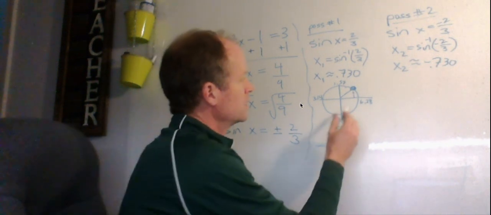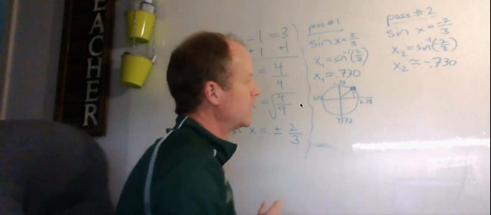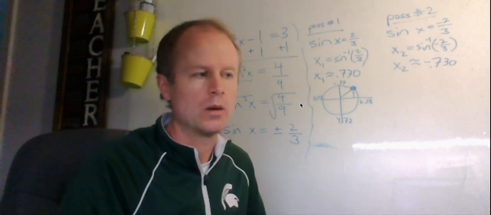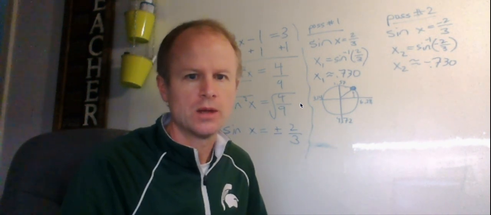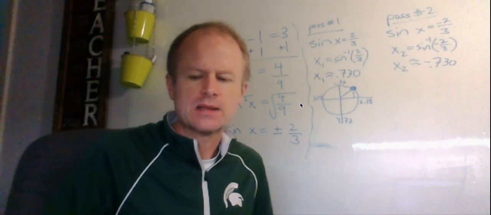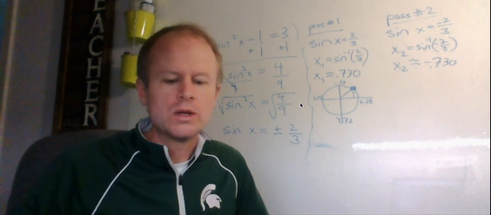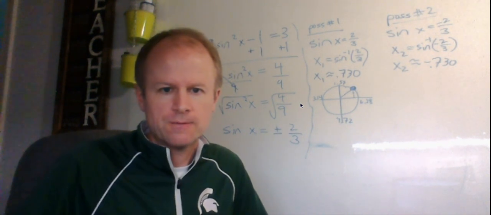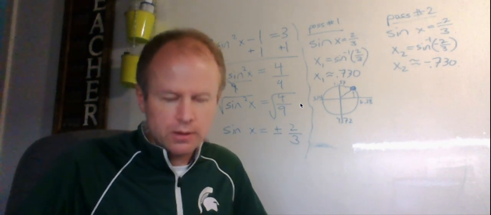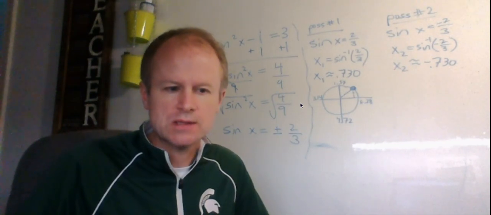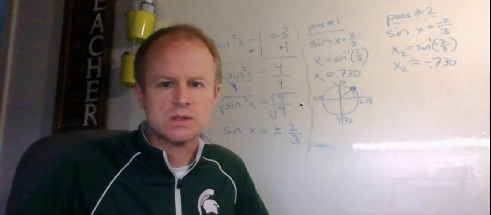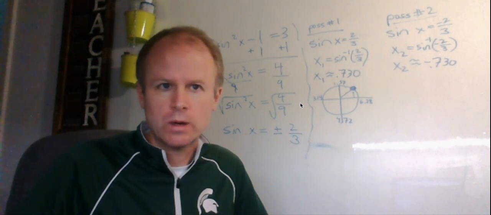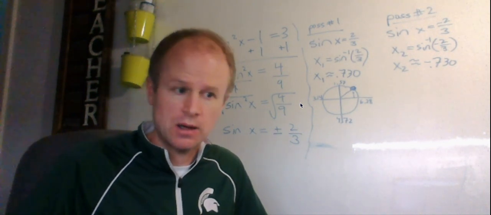The other thing I want to think about then is, where else am I going to have a y coordinate of 0.730? One of the confusing things about these problems is, when you do arc sine or arc tan, it's only going to give you one answer because it's a function. However, when we solve these equations, if I'm saying I want all angles between 0 and 2 pi, there are multiple angles in a lot of these where you could get an answer.